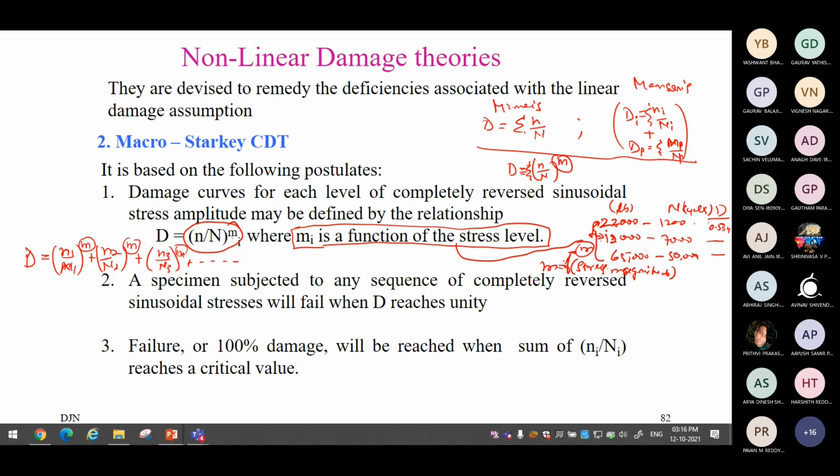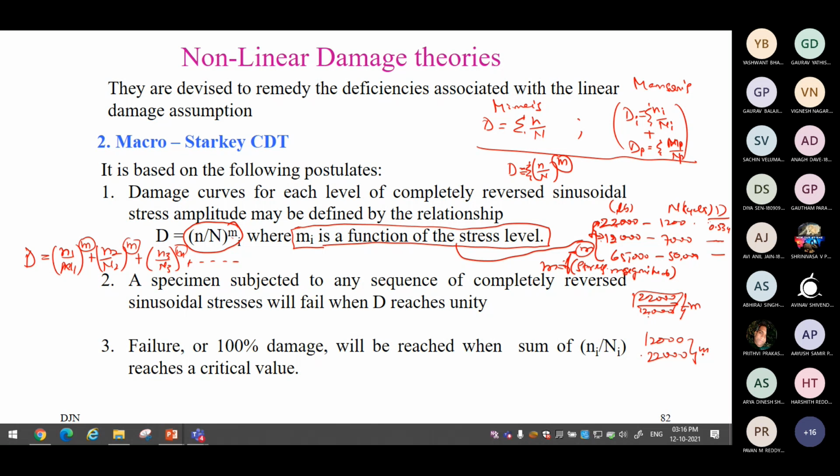It is the value which has to be determined based on the material response to different stress levels. What is the effect of various stress levels? Say, if I have started with 12,000 and then went to 22,000, the m value is different compared to when I applied 22,000 first and then went to 12,000. The m value for this sequence and the m value for this sequence is different, despite the numericals being the same. Value-wise it looks the same, but the response of the material for these two stress levels is different.